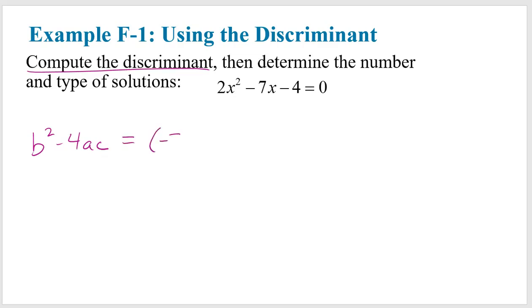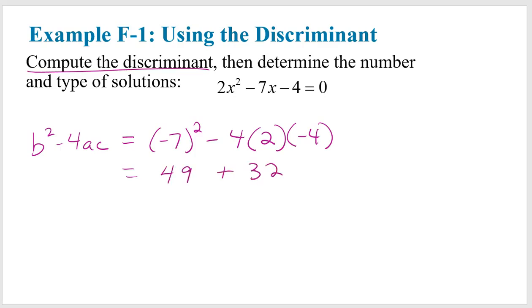My b value is -7, so -7 squared minus 4 times the a value, which is 2, times the c value, which is -4. That is going to give you positive 49 plus 32, which is 81. Notice 81 is positive. This is greater than 0. So that means we are going to have two unequal real solutions.